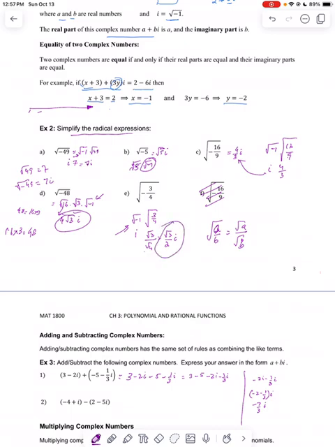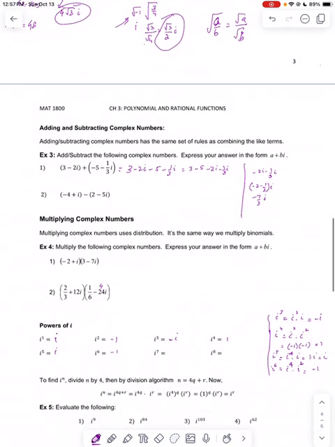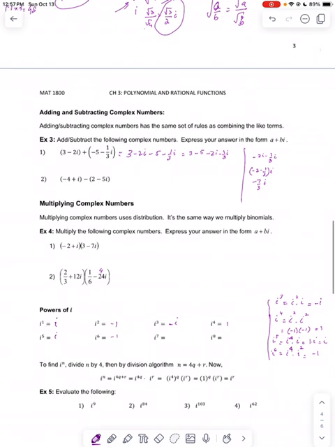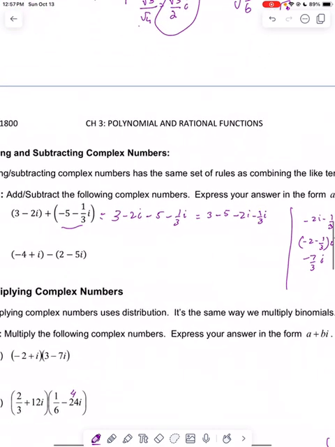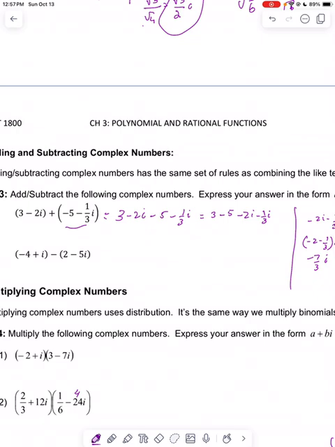Now how do we add complex numbers? Like we do in algebra, combine the like terms. So here I had 3 minus 2i, and the second complex number is that. The first thing I do is remove the parentheses. So I just rewrote the terms, then I rearrange them.